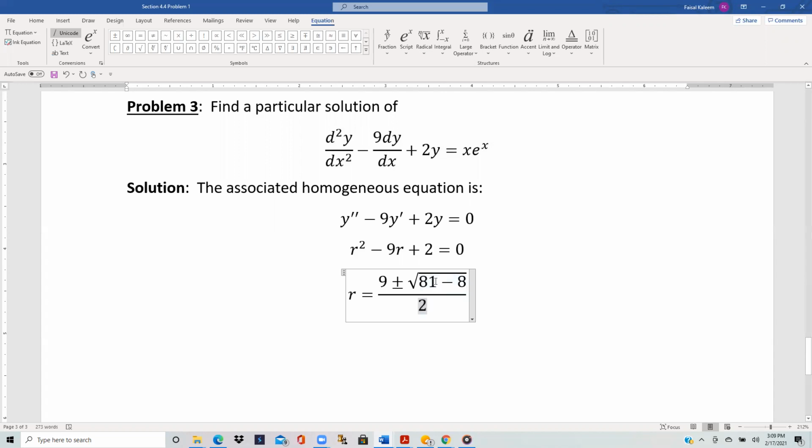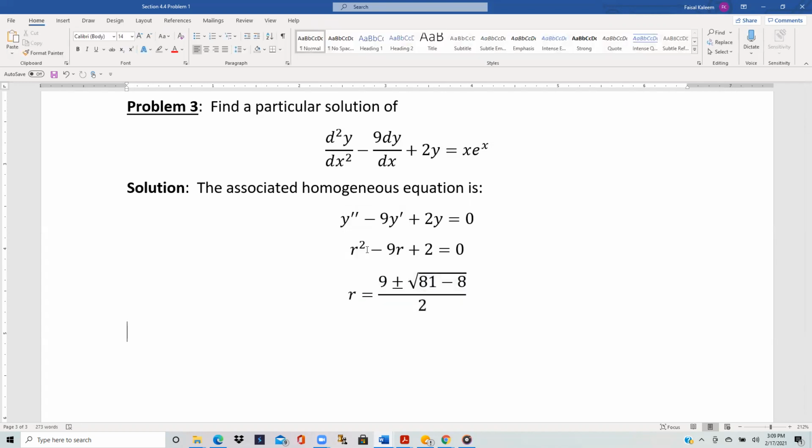So this is square root 73. So you will get 9 plus minus square root 73 by 2. So this is a case of the roots are real and distinct. Okay, this is 73.